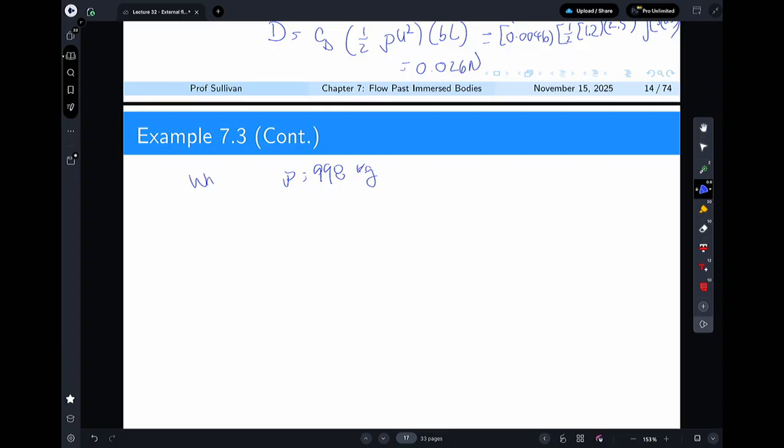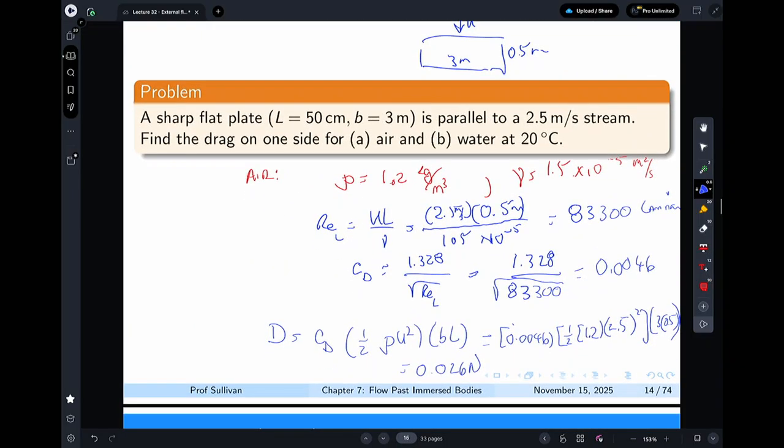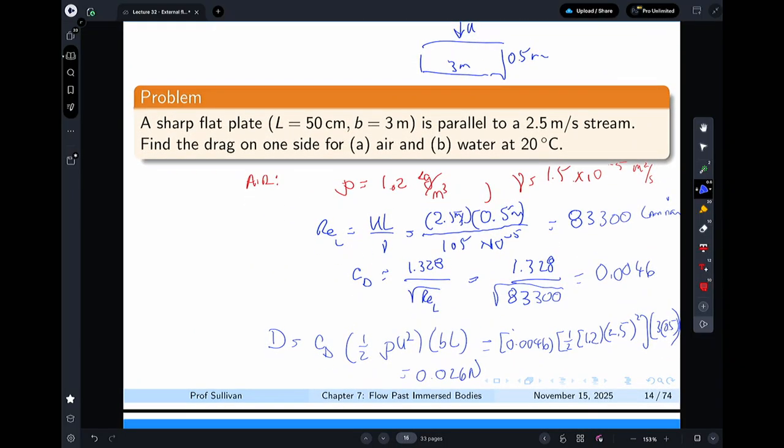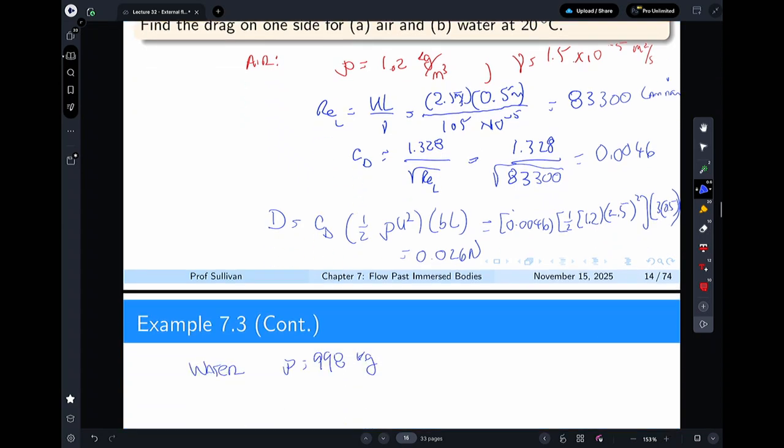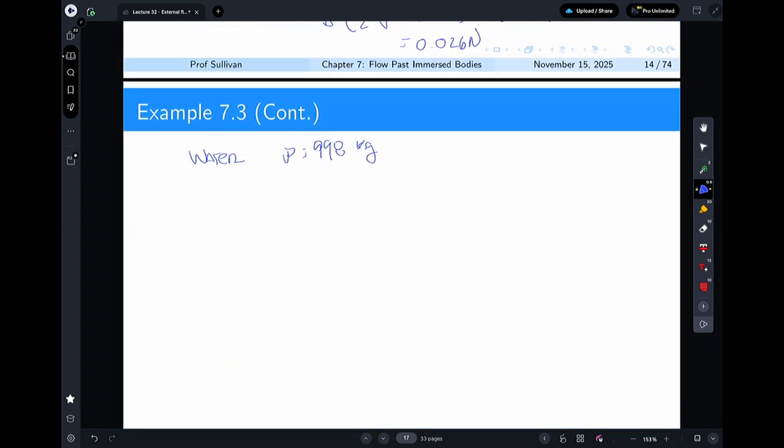Okay, for water, and maybe just a quick comment here. So the reason I needed the density is to calculate that total force. Now for water, I'm going to have a very high density and a drop in the viscosity.